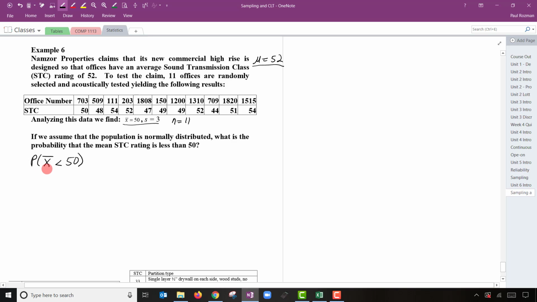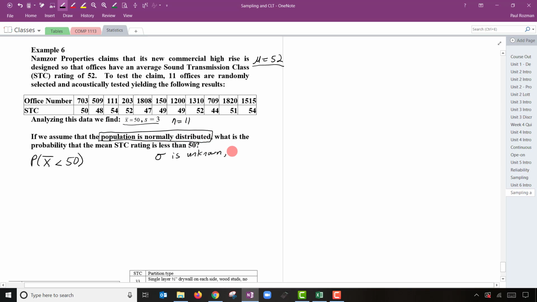Are sample means normally distributed? Well, I don't know yet. We should ask ourselves a bigger question first. Do we know the population standard deviation? And the answer is no, it wasn't given. Sigma is unknown. They told us that the population was normal.